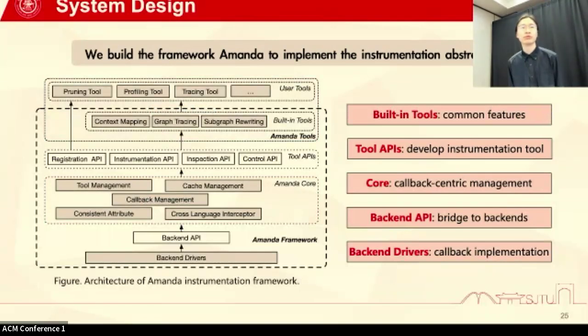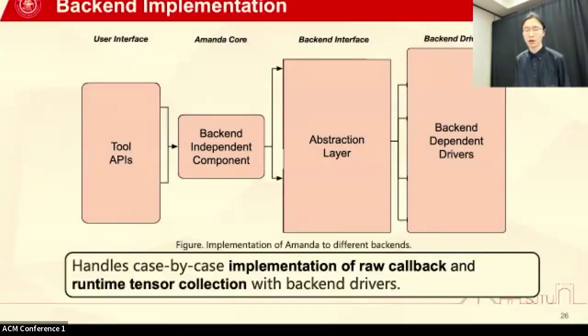One thing that needs to be stressed here is that some of the built-in behavior of the framework is also delivered as instrumentation tools. So users can depend on some of our previously defined instrumentation tools before their own tool to simplify their development process.